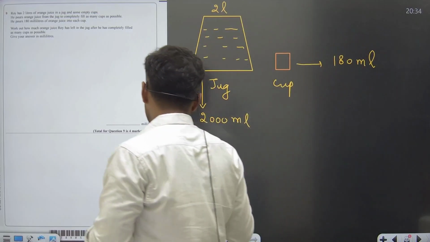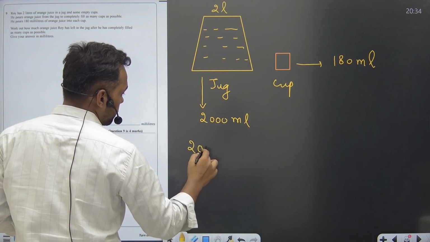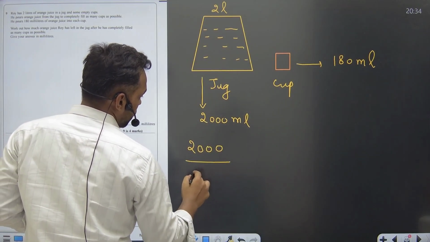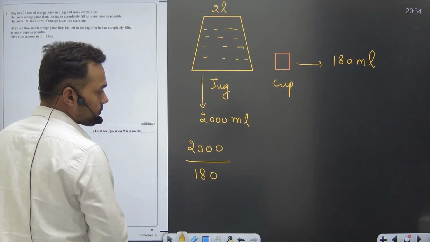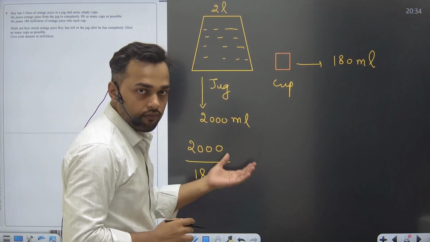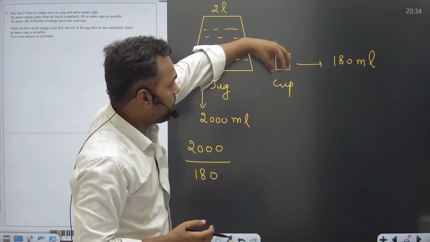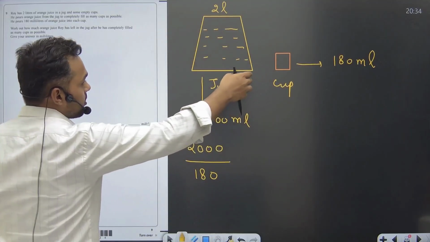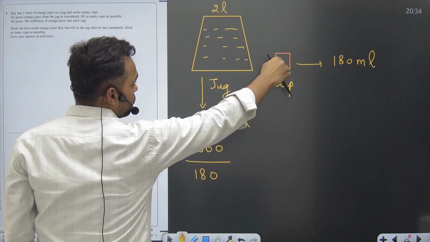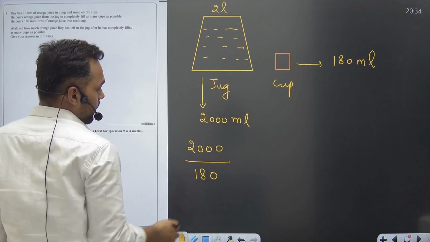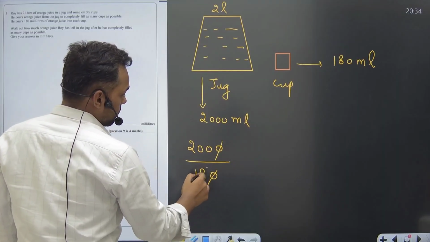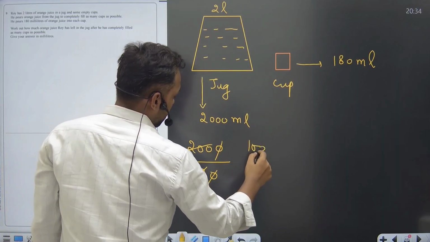So we will directly divide these numbers, 2000 upon 180. We'll divide it and get how many cups can be filled. If I pour the orange juice into the cups from this jug, you will calculate the values. It will be 100 upon 9.